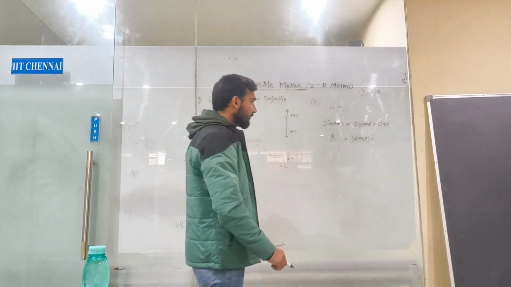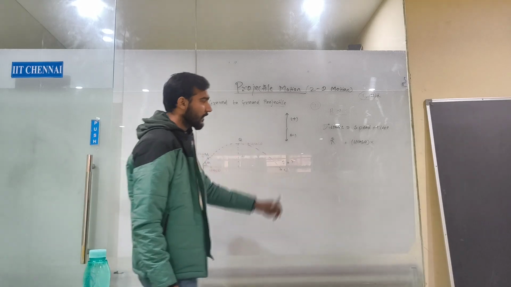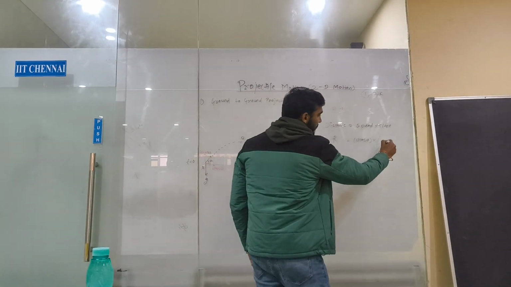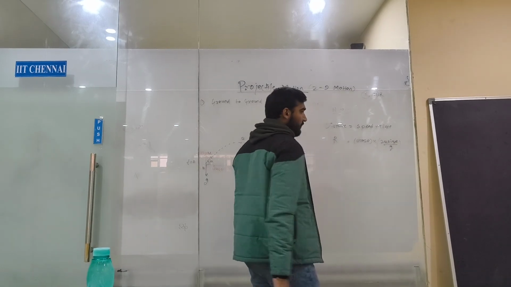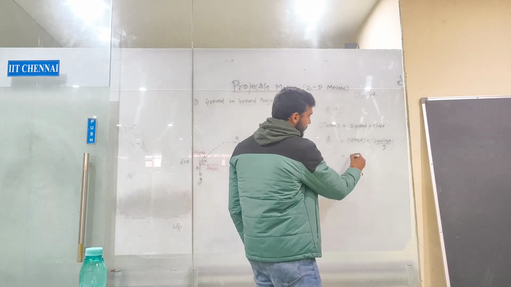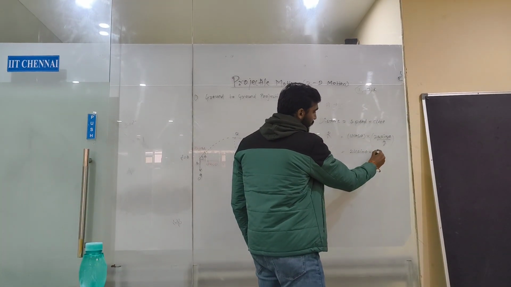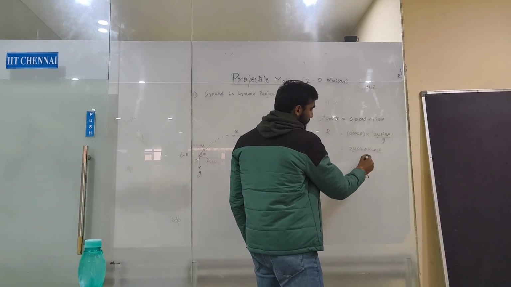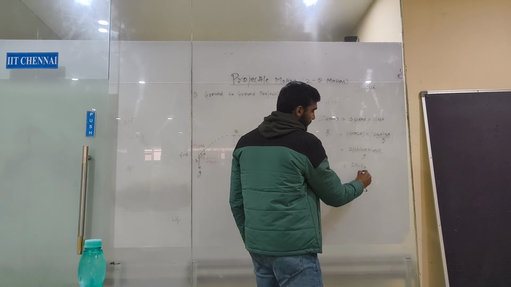Time. And what is the time? We have calculated the time from A to C. It is 2u sin theta by g. Yes or no? Yes. So we can say it is 2u sin theta, u cos theta by g.